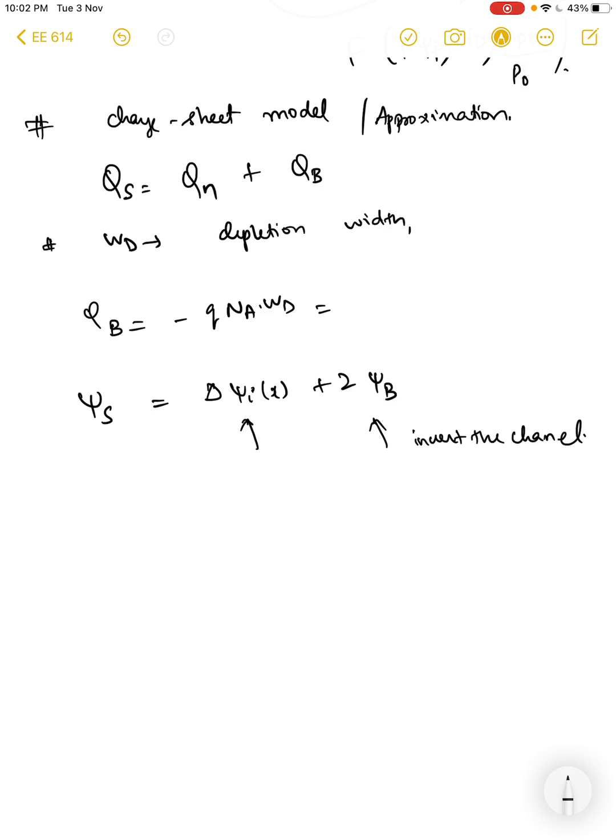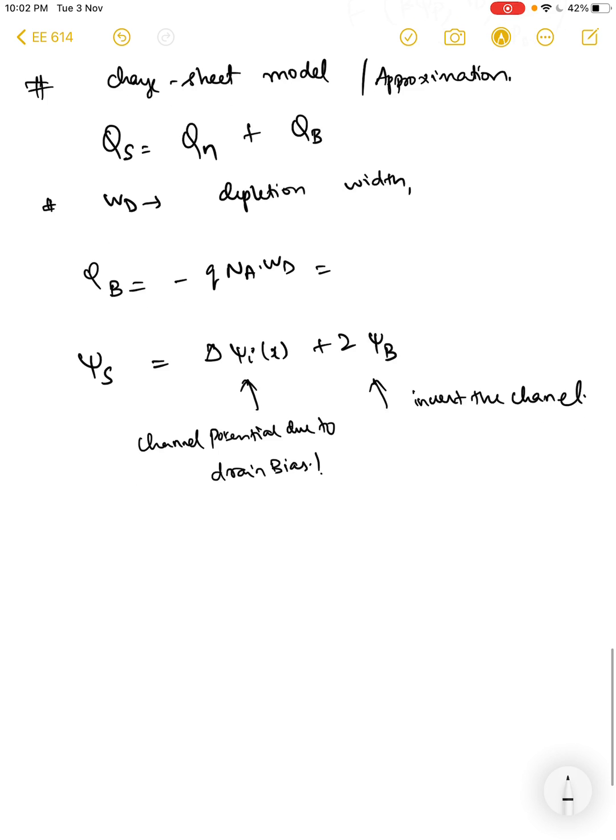And this psi I of x is the potential due to the applied drain bias, the channel potential. So you can see that this psi I will turn out to be opposite to the potential required to invert the channel, and hence the surface potential will be lesser than the potential required to invert when psi I is close to Vd, which is the drain potential, right?